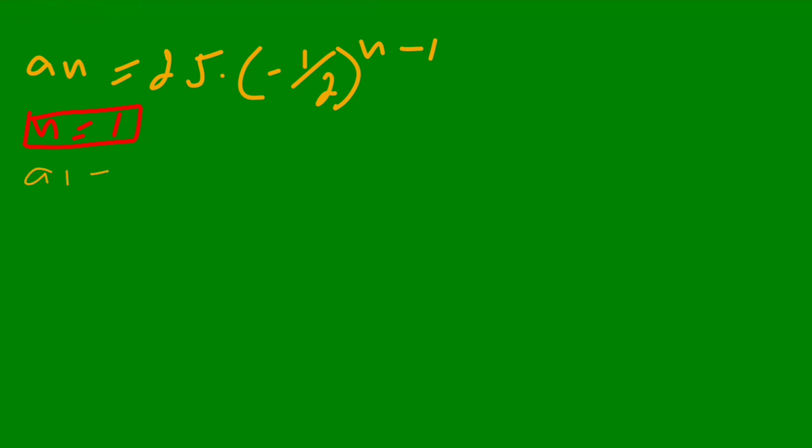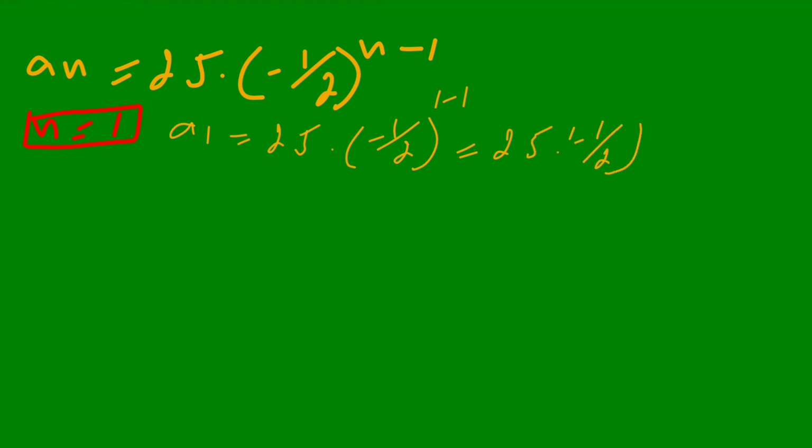A1 is equal to 25 multiplied by minus 1 over 2, with n minus 1 equal to 1 minus 1, which is the power 0, and the answer is 25.